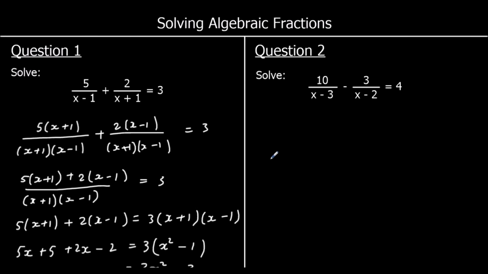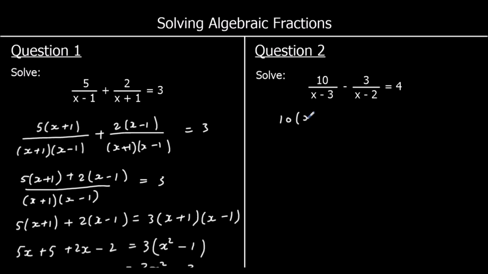And finally, question 2. So again, this is a takeaway, but we're following the same initial steps. We want to make the denominators the same. So we'll multiply top and bottom of 10 over x minus 3 by x minus 2.